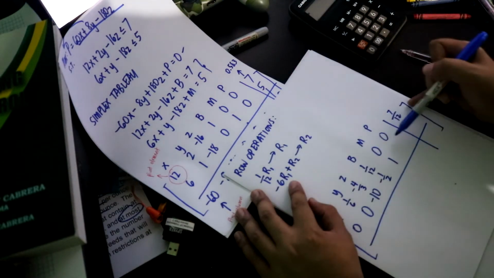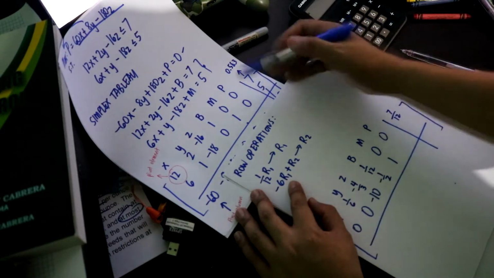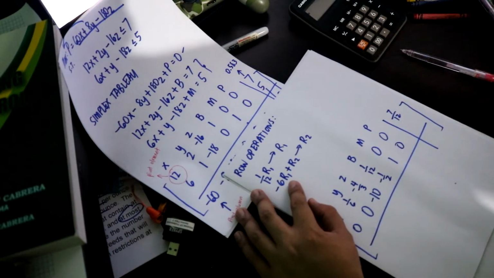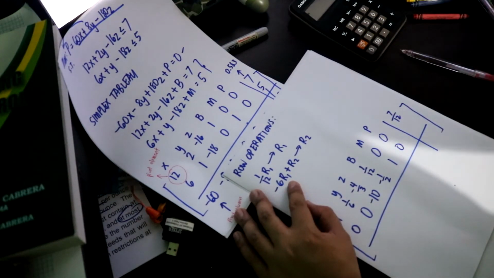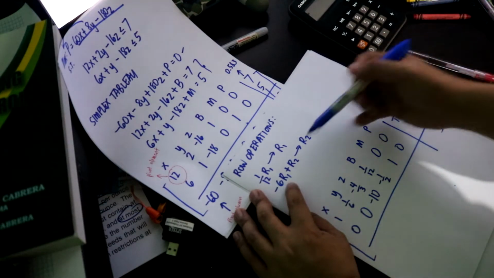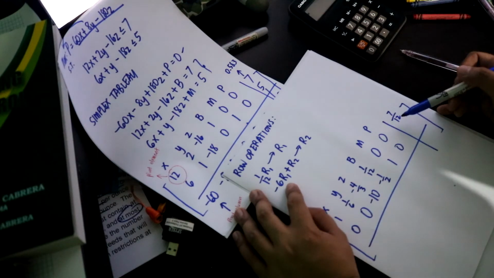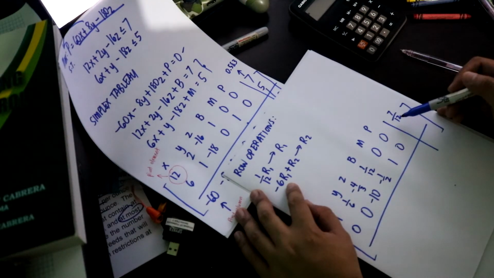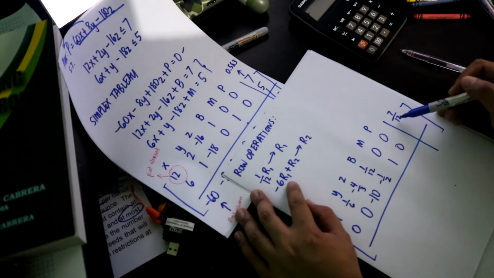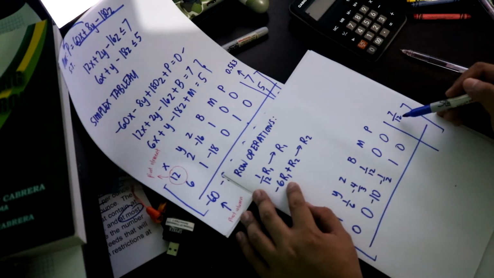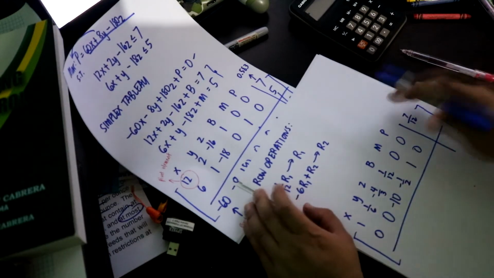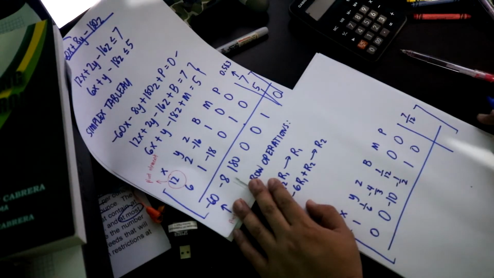Negative 6 times 0 is 0, plus 0 would be 0. And now, next, negative 6 times 7 over 12. So that would be negative 7 over 2. Negative 7 over 2 plus 5.